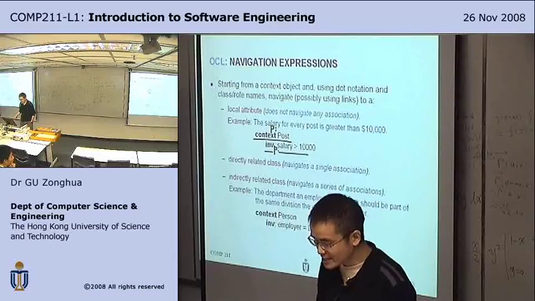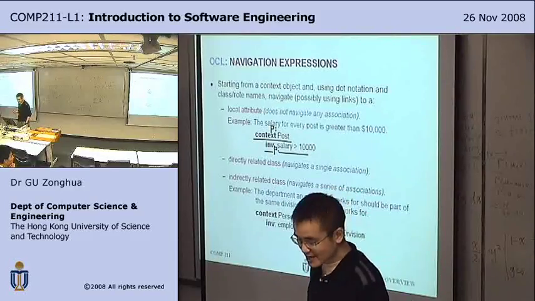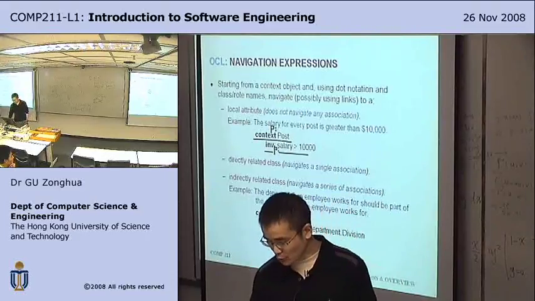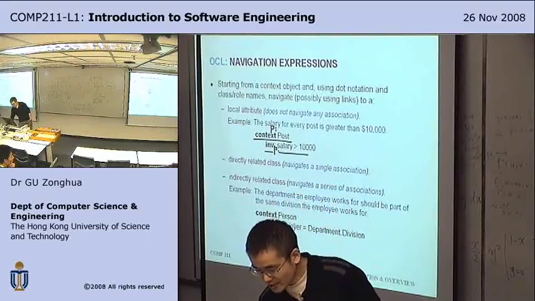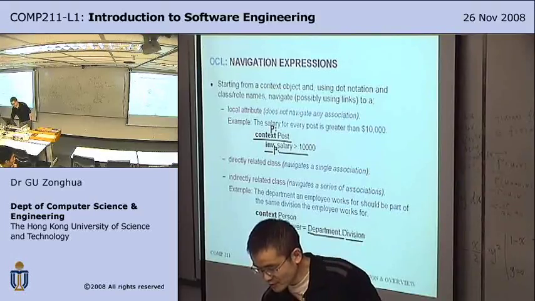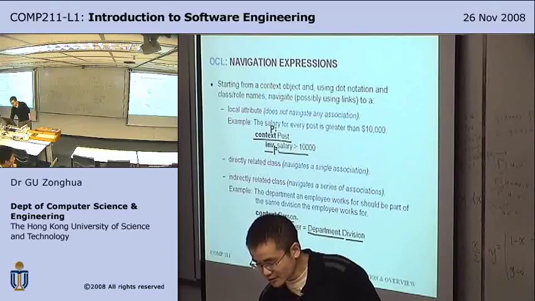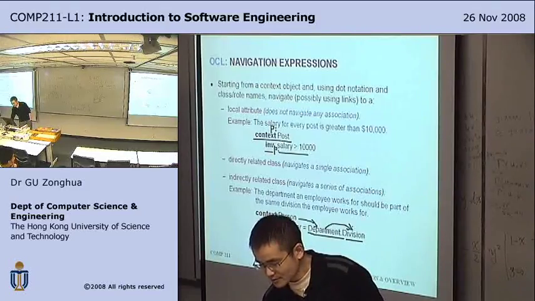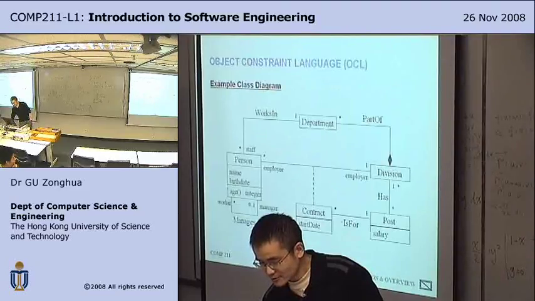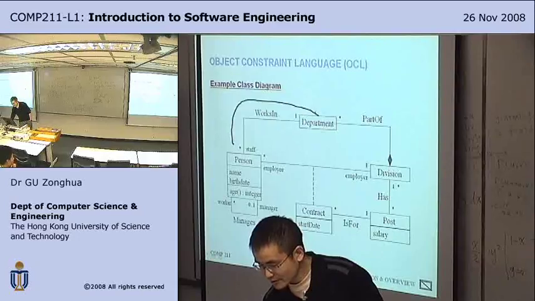And directly related classes are reached by navigating a single association, indirectly related classes by navigating more associations. So here you're saying department dot division. Here you're navigating from the person to department and then to division. You're starting from the context always, right? So person to department and then to division.